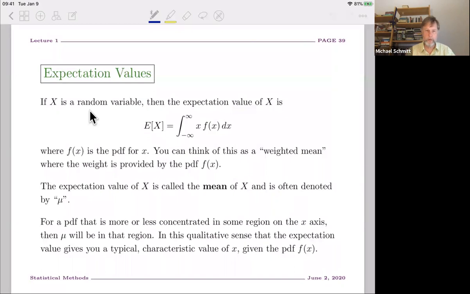Let's say we're all comfortable and we have our PDF. There it is. And x is a random variable. So we define the expectation value of x, that random variable, according to this expression. Okay, and there are different ways of looking at this.